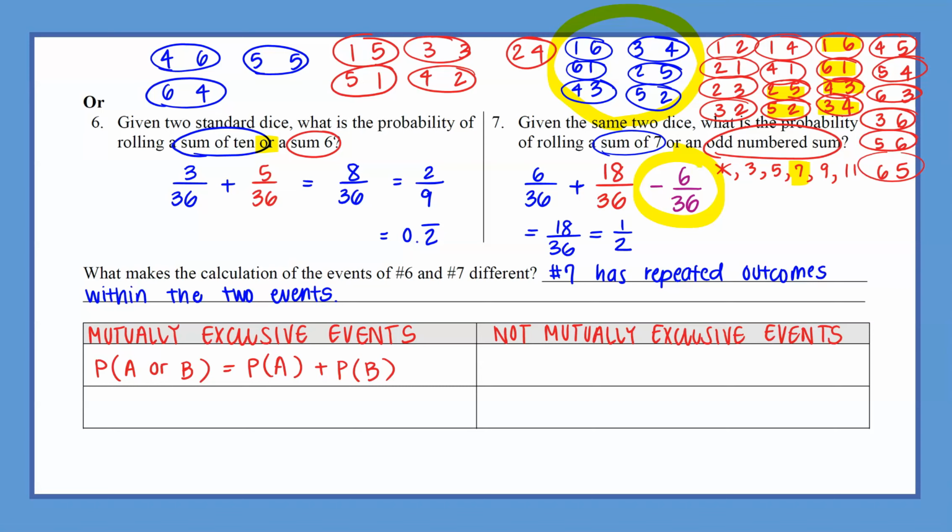For not mutually exclusive events, the probability of A or B occurring would be the probability of A plus the probability of B. Remember to subtract the overlap that happens between the two, the probability of both A and B occurring. For not mutually exclusive events, which sometimes could also be inclusive events, we want to remember to subtract the probability of both occurring.